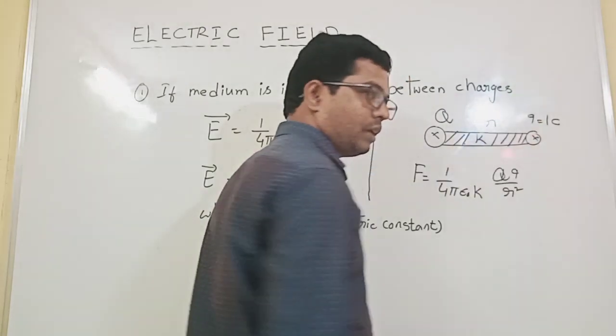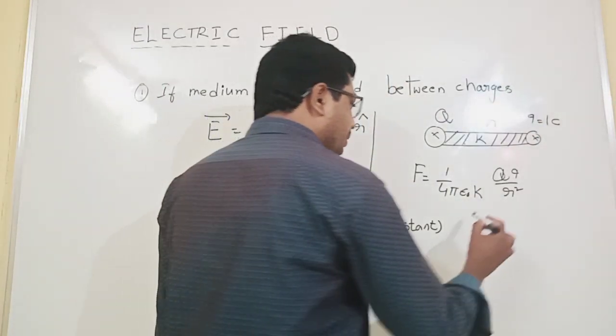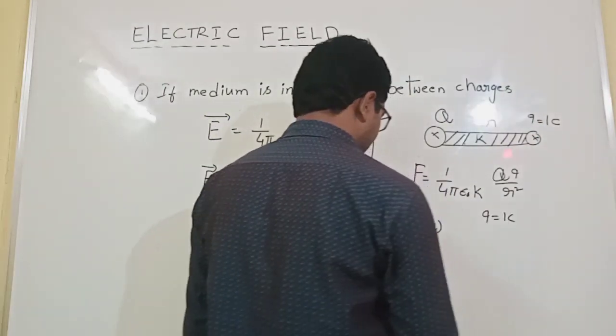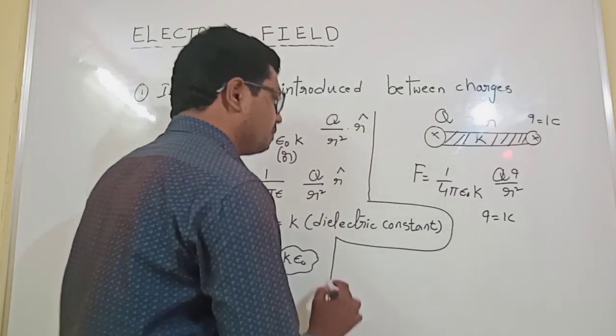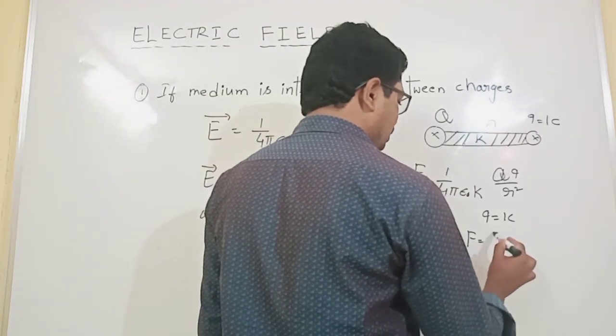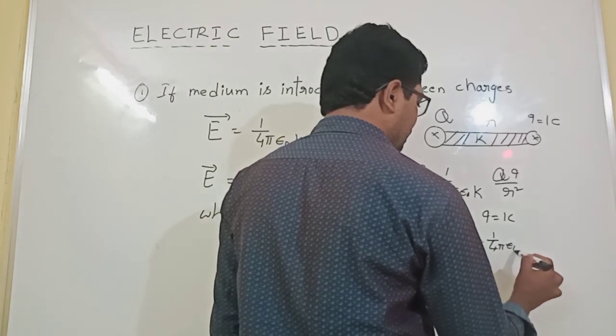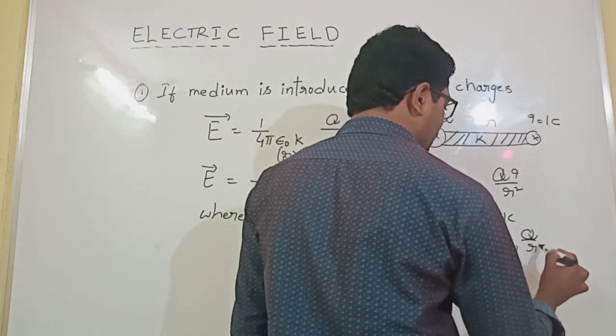This distance is R. This time Q is equal to 1 coulomb of charge. That's why F is equal to 1 by 4 pi epsilon naught Q by R square.